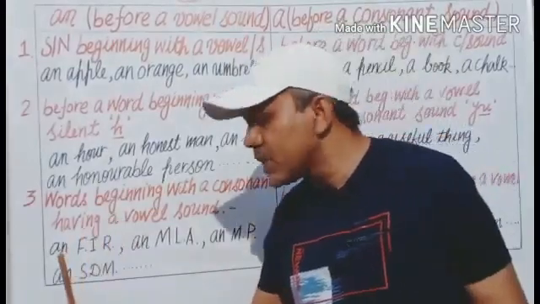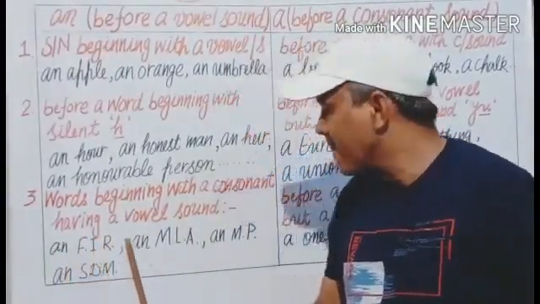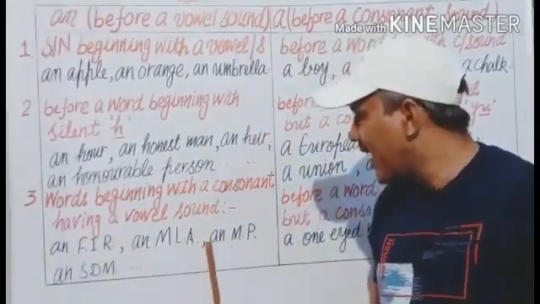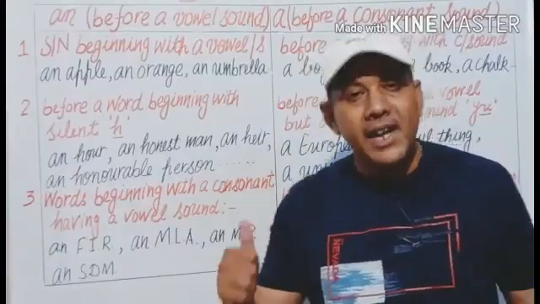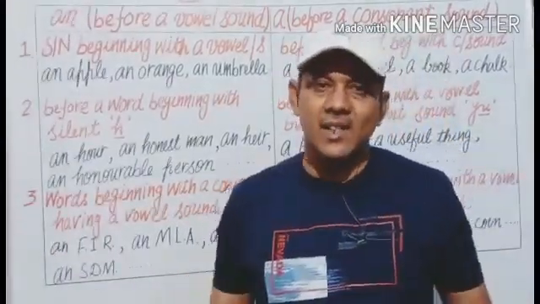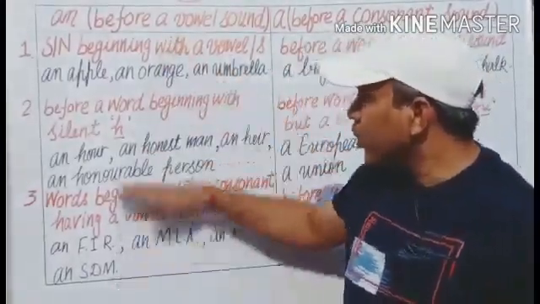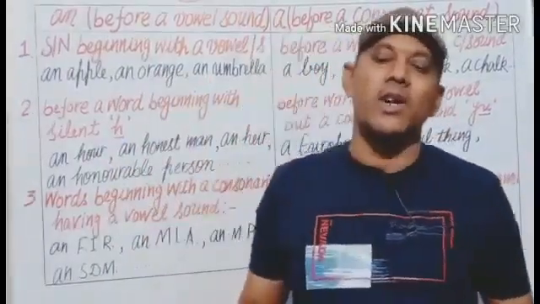That's why we use an before them: an FIR, an MLA, an MP, an SDM, an LLB, like this. In this way, we use an before these three types of words.